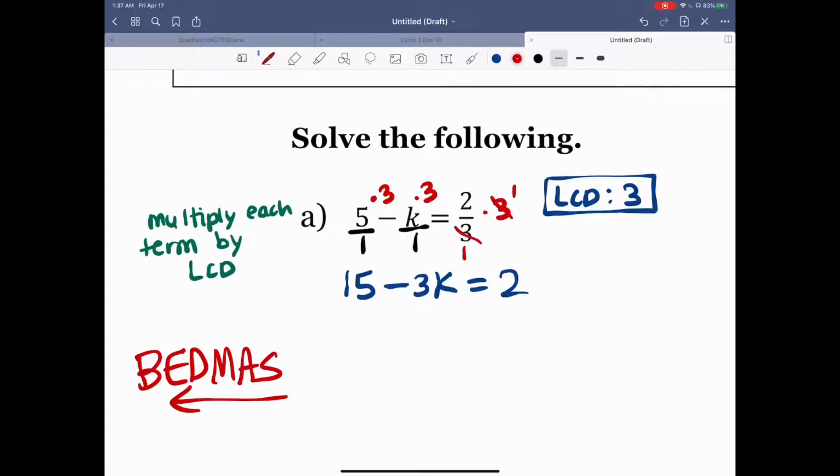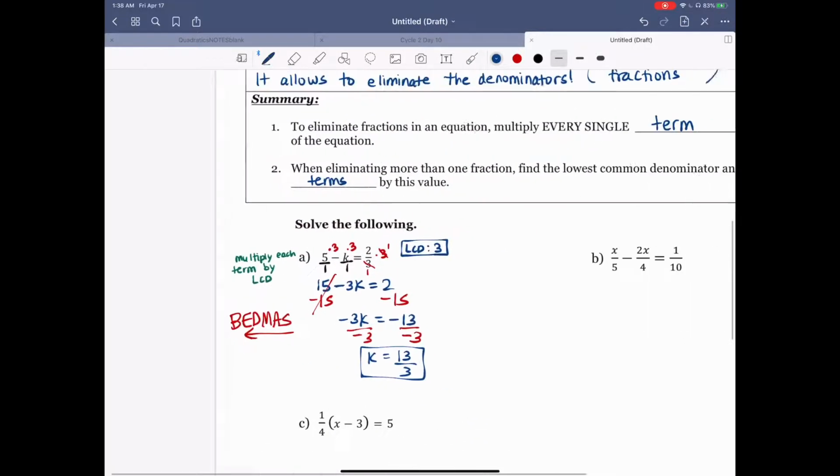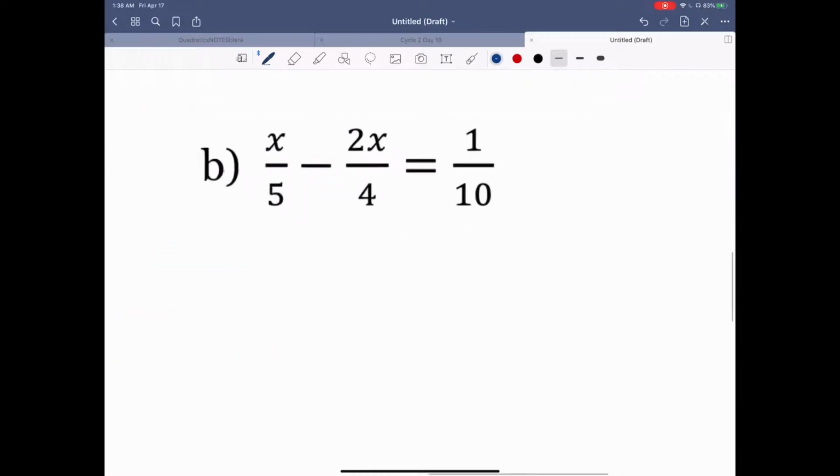I see that the k is being multiplied by -3 and adding by 15. So what's the opposite of adding by 15? Subtracting by 15. So I get -3k is equal to -13. Dividing both by -3, I get k equals 13 over 3. That's question A.